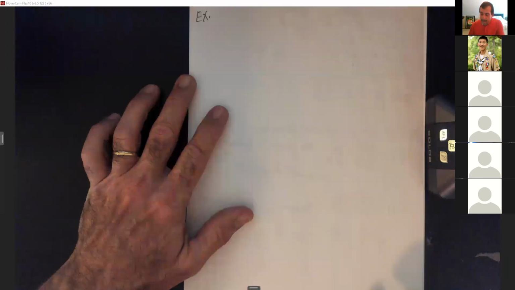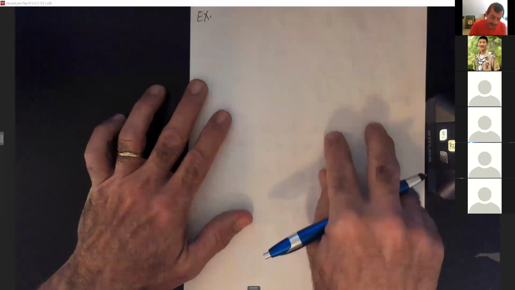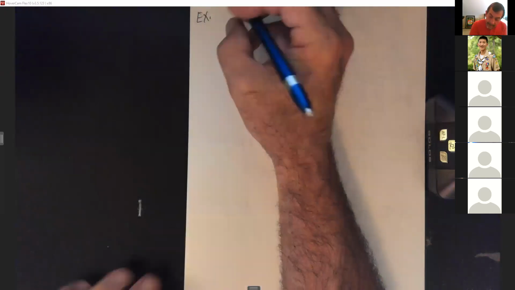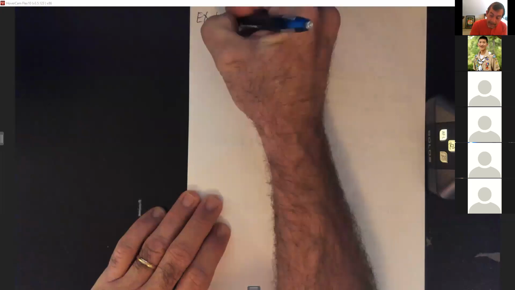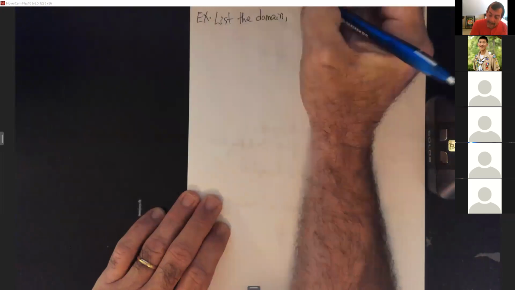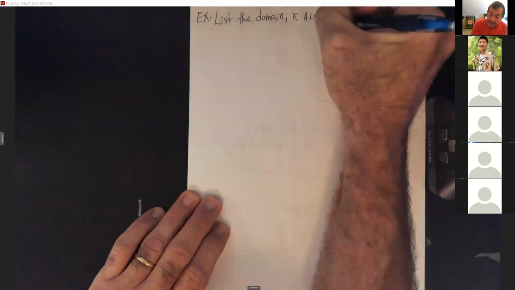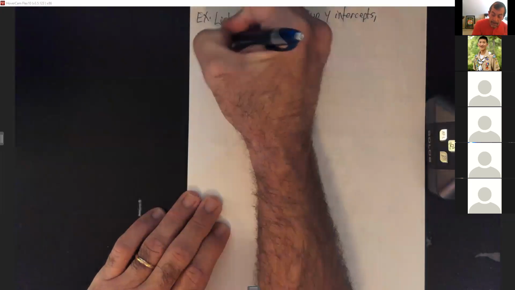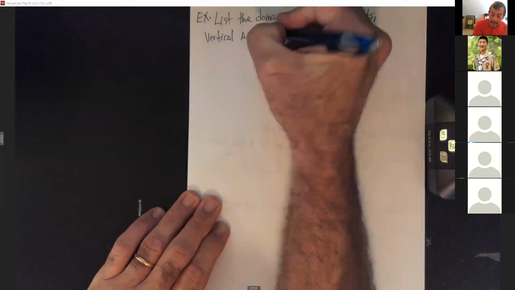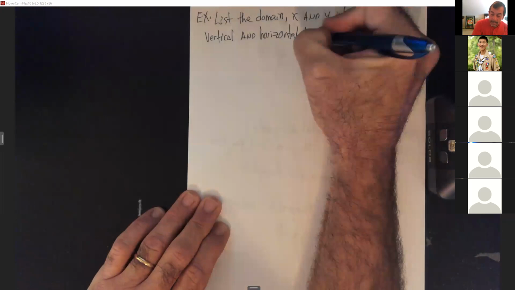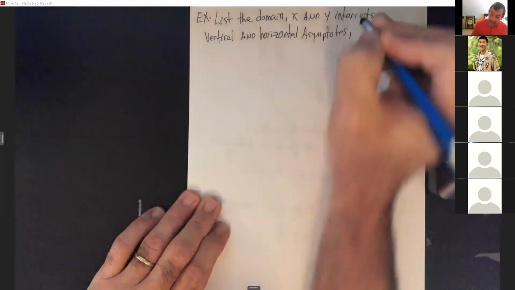All right, so this problem is the ultimate thing they wanted us to get out of this. Let's find it. We're going to list the domain, find the x and y intercepts, the vertical and horizontal asymptotes, and then graph.